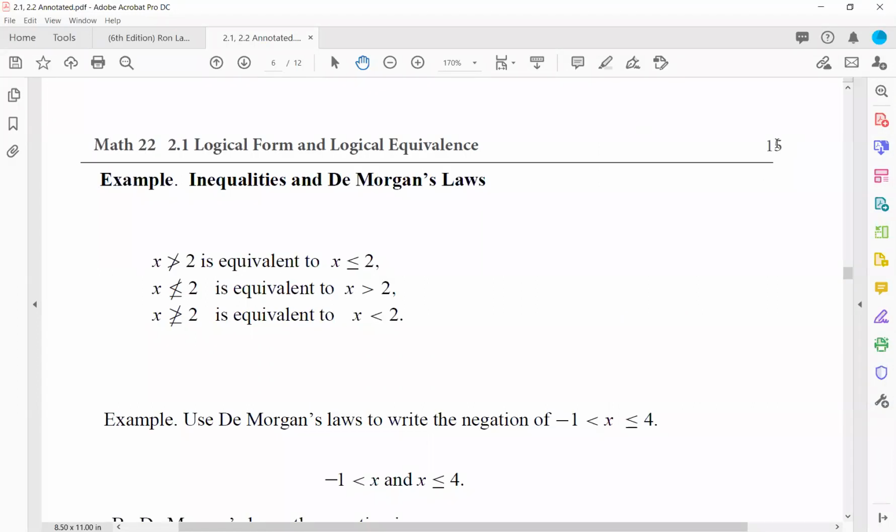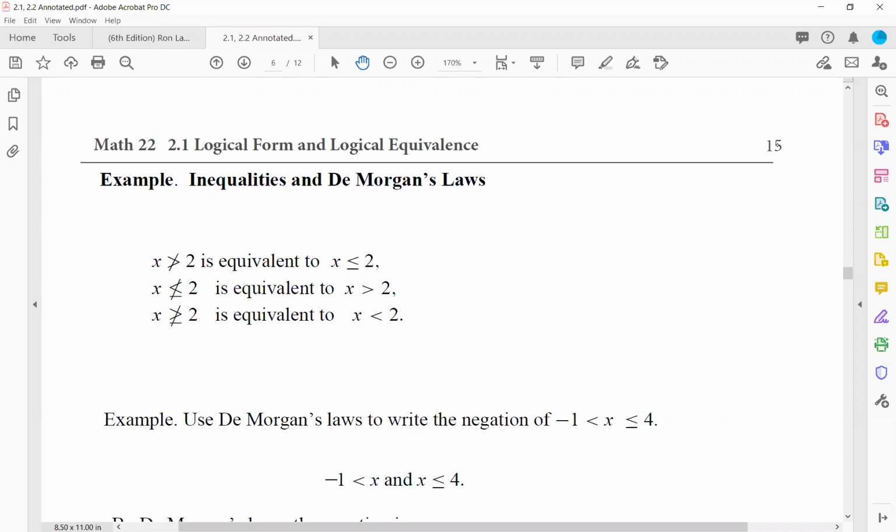Very well, let us take a look at De Morgan's laws and what you learned in algebra. Your goal is to show that if x is not greater than 2, it's the same as saying that x is less than or equal to 2. Or if x is not less than or equal to 2, it's the same as saying that x is greater than 2.